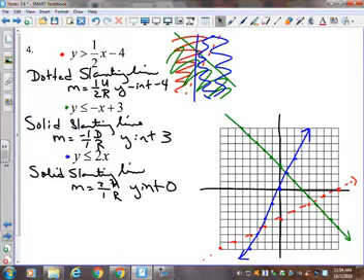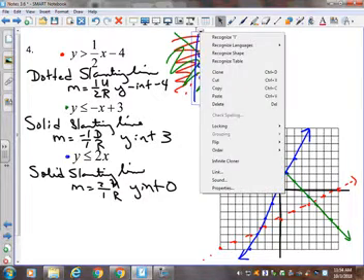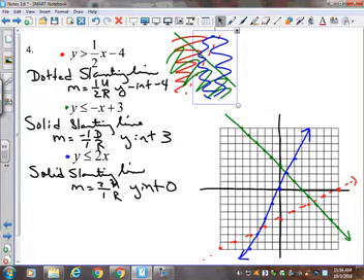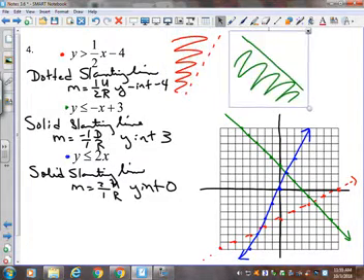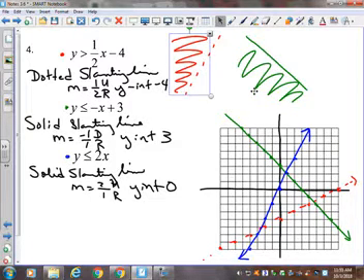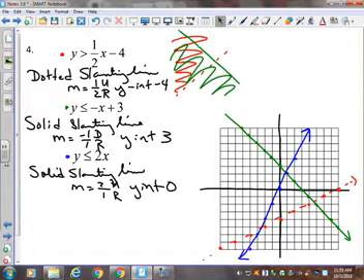Well, that doesn't really help, so let me try to do that again. Okay, now it slants better. And below.